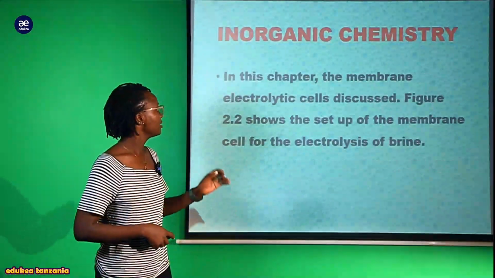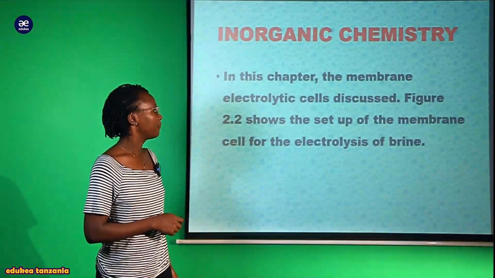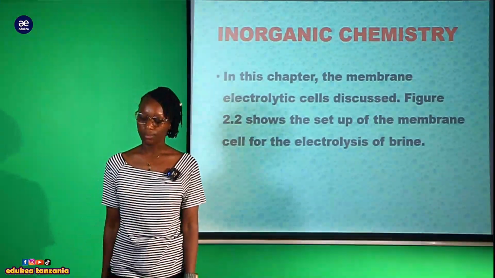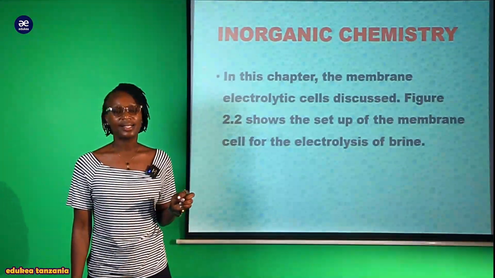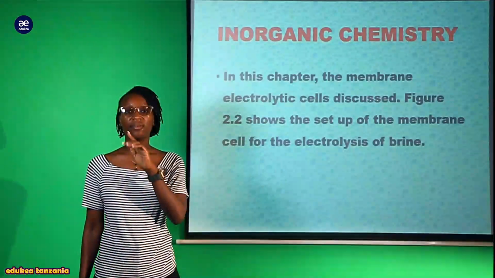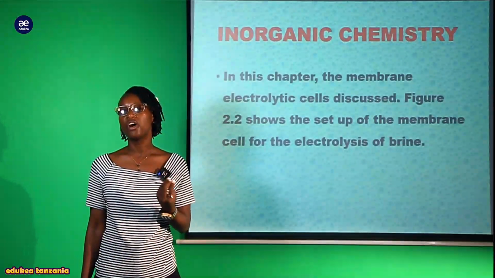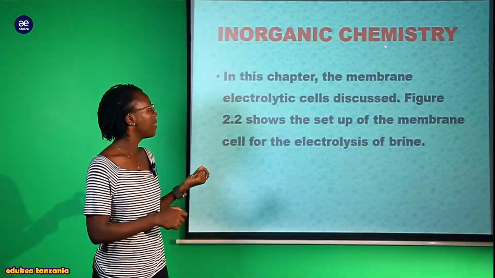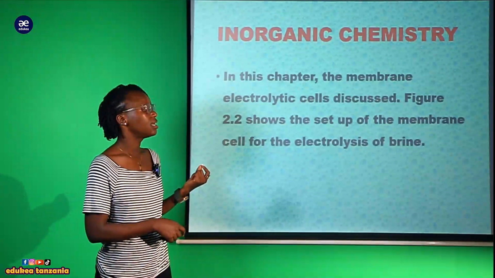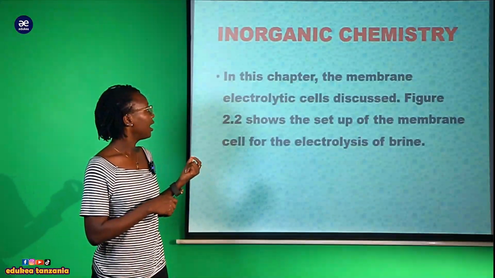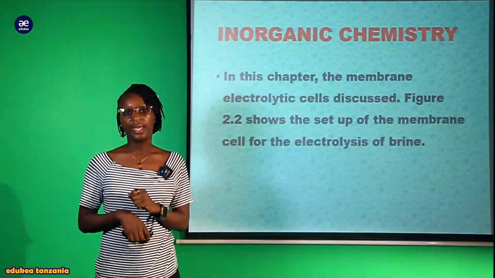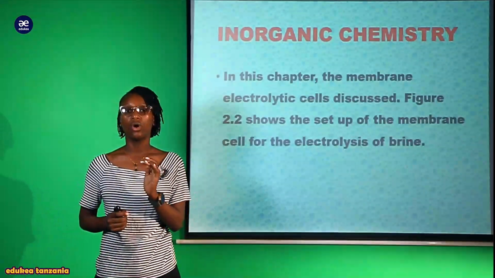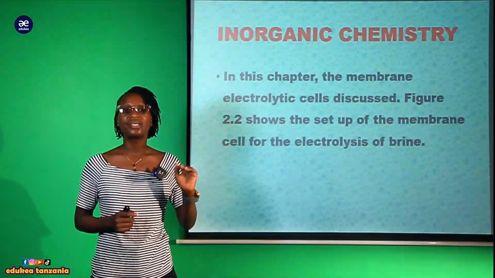Now my students, it says that in this chapter the membrane electrolytic cell is discussed. Remember, in every chapter we discuss there are main considerations involved in our discussion. So here it says that in this chapter the membrane electrolytic cell is discussed. It means that of all three cells, what we will involve in our discussion is all about the membrane cell.